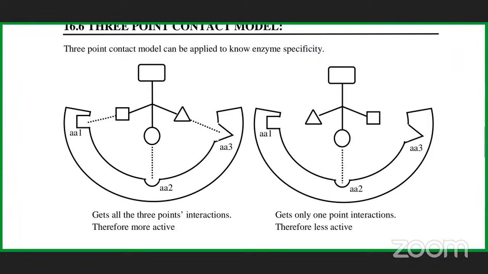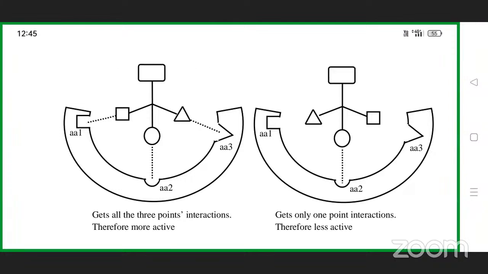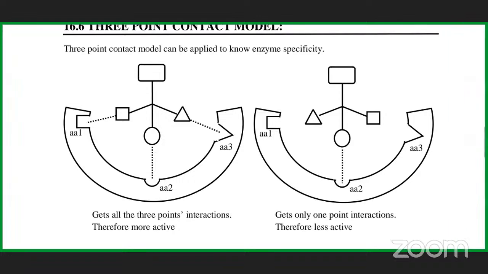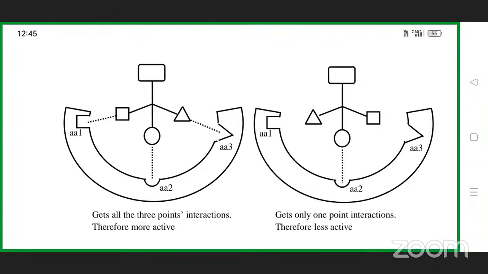These 3 contact points are able to form interactions or hydrogen bonding with your receptor active site, amino acid 1, amino acid 2, amino acid 3.